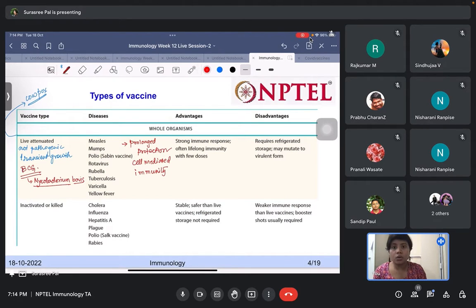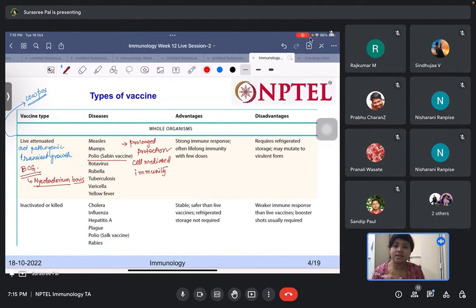Now the oral polio vaccine, which is the Sabin vaccine, contains 3 attenuated strains of the poliovirus together.